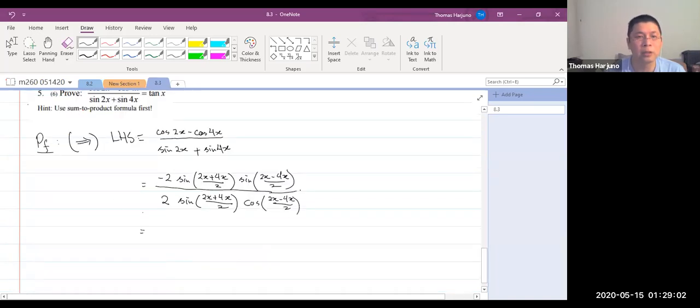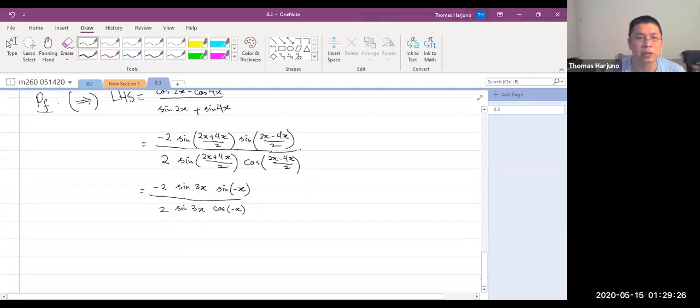This will be negative 2 sine 3x sine negative x over 2 sine 3x cosine negative x. Actually, I can cancel the 2 and the sine 3x already, right?